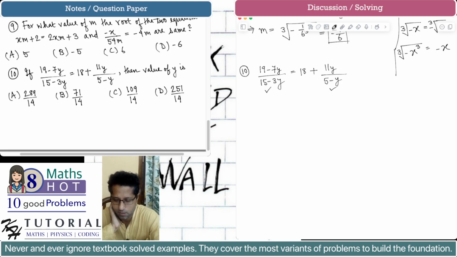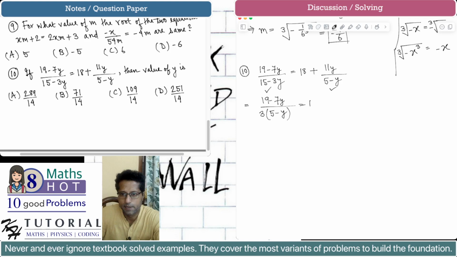So we cannot find the LCM of the denominators in the usual way. But if you observe, from the denominator of the first rational term, that is 15 minus 3y, I can take 3 as a common factor, and I get 3 multiplied by 5 minus y.